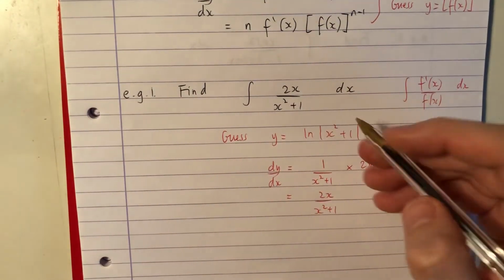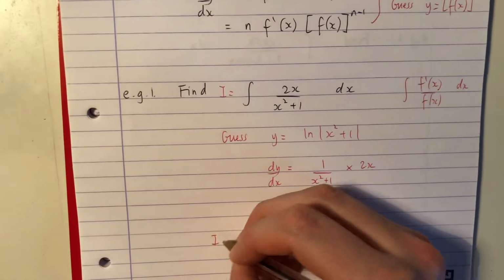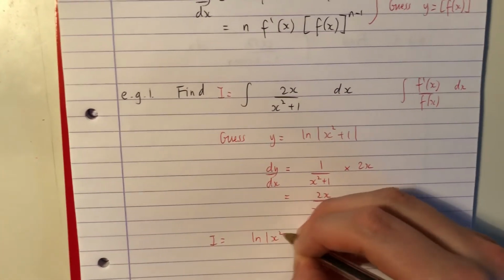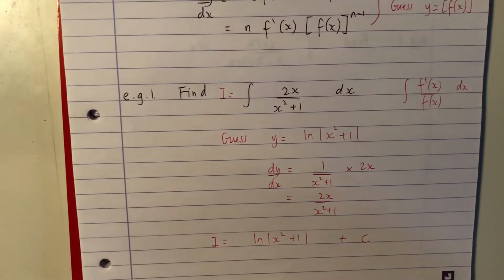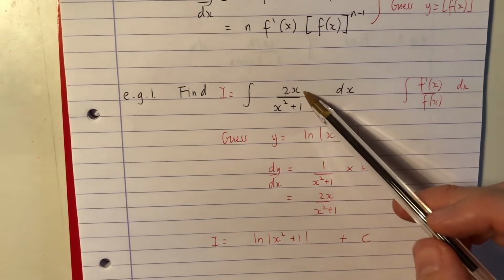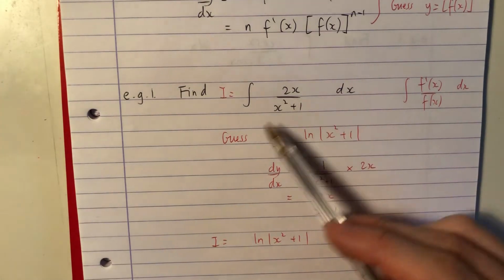So this integral, which I'll call I for integral, is equal to my guess plus C. That would be it. So you've got to spot that. You've got to spot that the top is the bottom differentiated. Gives you a bit of an idea then on what to guess.